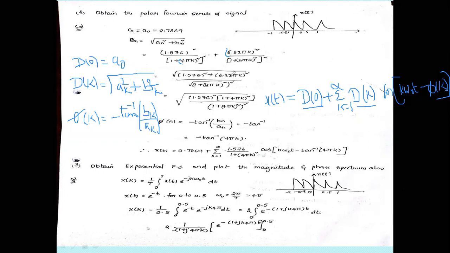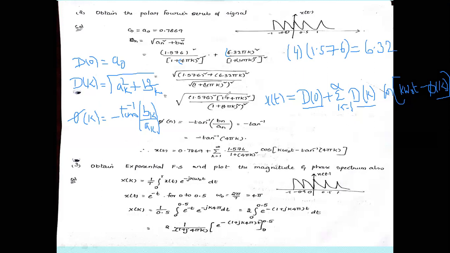What is 6.32? It is nothing but 4 into 1.576 only, my dear students. So you can use the calculator and see that 4 into 1.576 is equal to 6.32 only. Okay, so I take the common factor, 1.576 whole square.